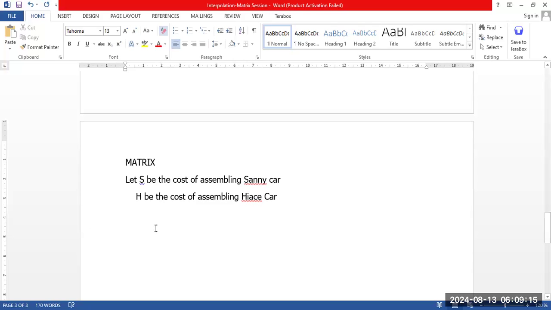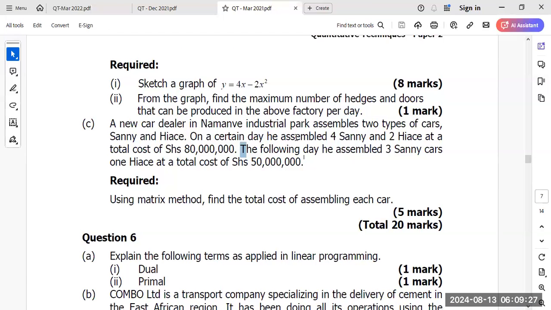Once you do that, on the first day, on a certain day, he assembled 4, but we don't know how much is the cost of assembling the Sunny car. So we get 4 times S, because we don't know that cost.